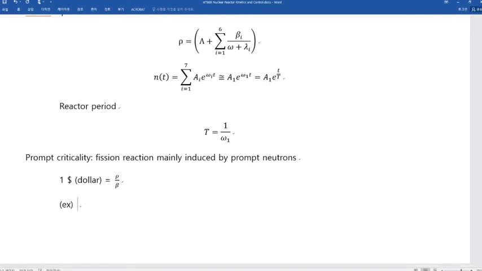So of course, for uranium-235, beta equals 0.0065.